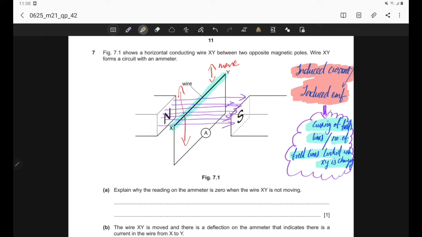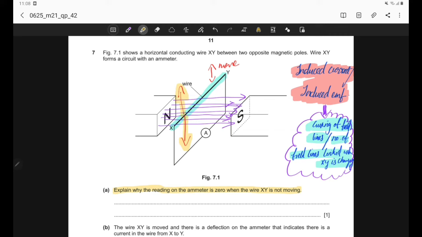Now let's look at the question. Explain why the reading on the ammeter is 0. A reading of 0 means there is no current or no induced EMF generated in the wire XY. The condition to generate the induced current is that we should keep moving this wire up and down.